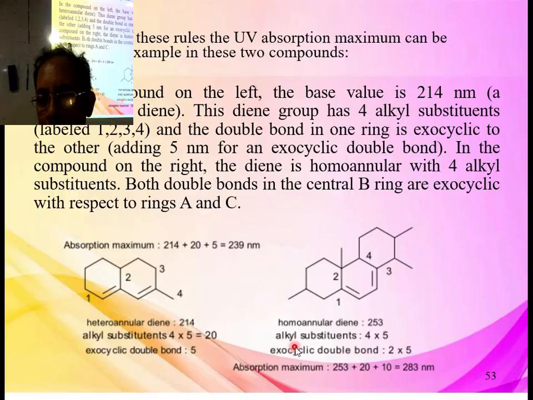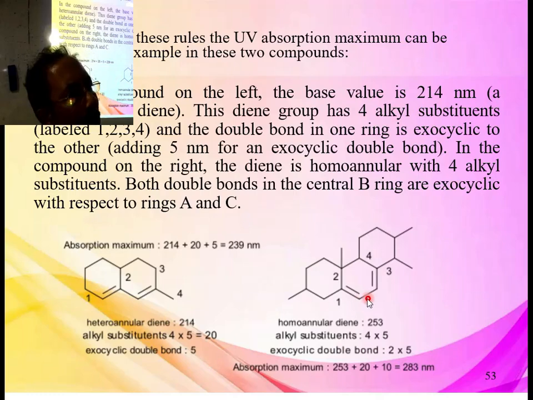So 253. Alkyl substitutions are numbered 1, 2, 3, 4, so 4 into 5. And exocyclic double bond: try to understand, this is a ring, and with respect to that there is a double bond outside the ring. Follow me? That is an exocyclic double bond.